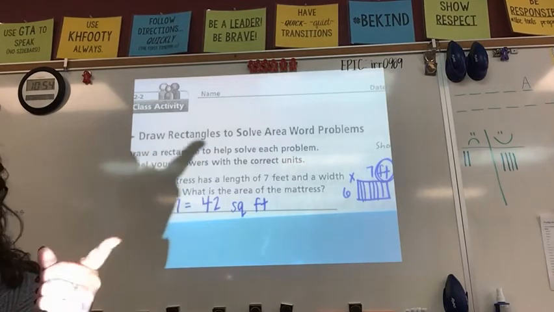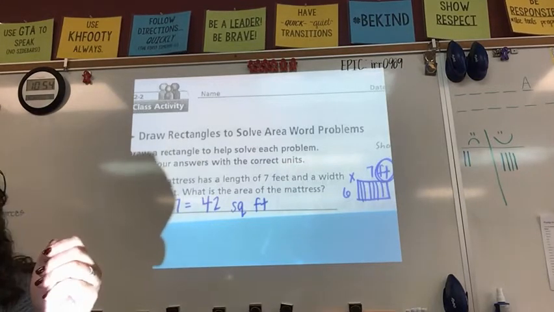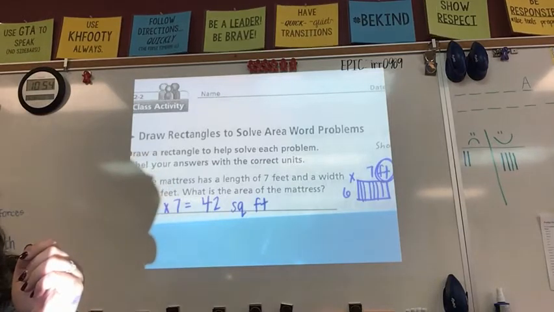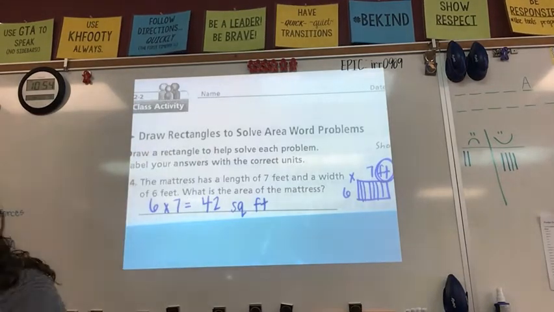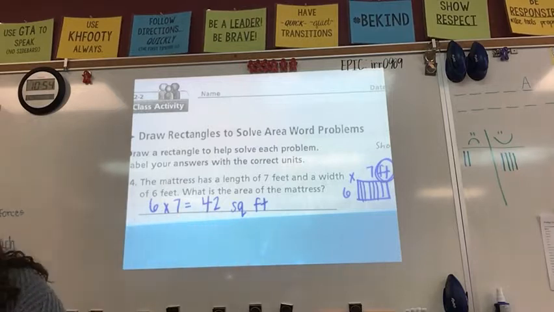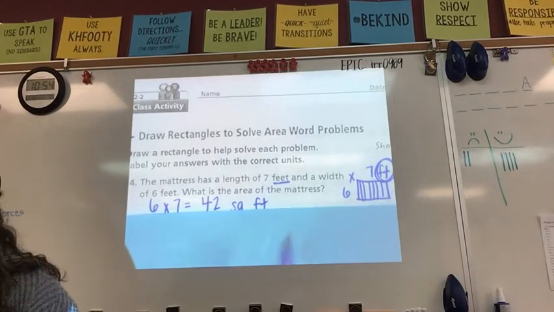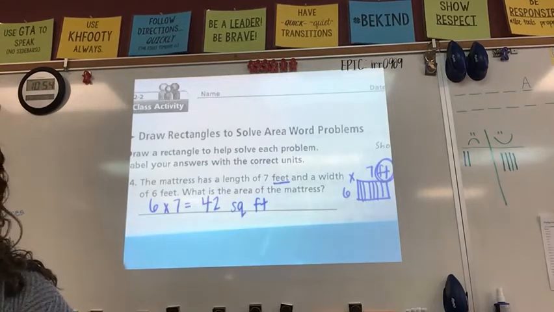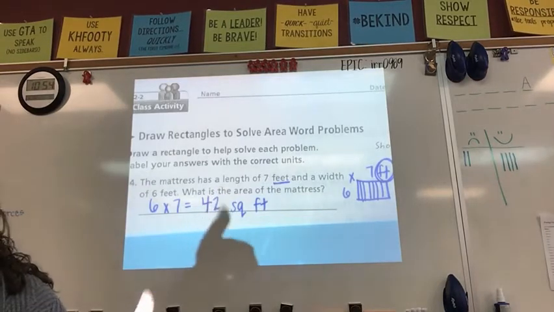Square millimeters. Square feet. Square meters. Square yards. We can use any of those. But if they tell us what we're measuring in, that's the type of squares we're talking about. Get it? Got it. Good.